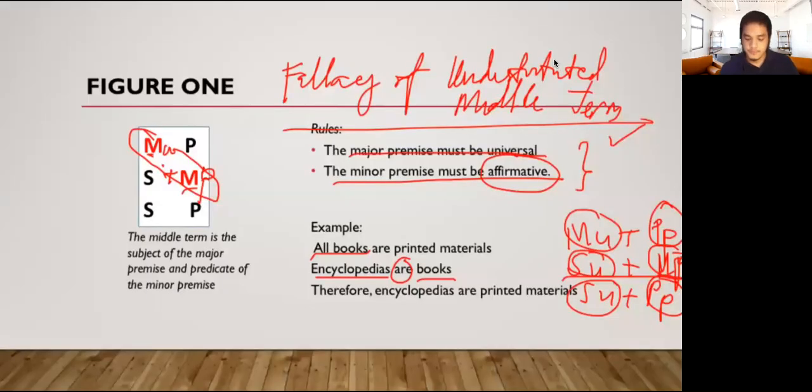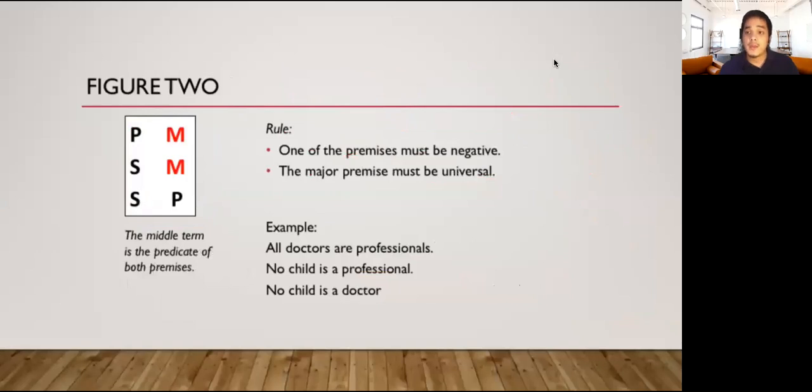Figure two, you have both the middle terms as the predicate in the syllogism. So we have two rules. The first rule states one of the premises must be negative. Again, these rules will help us avoid a possible fallacy. So at least one must be negative.